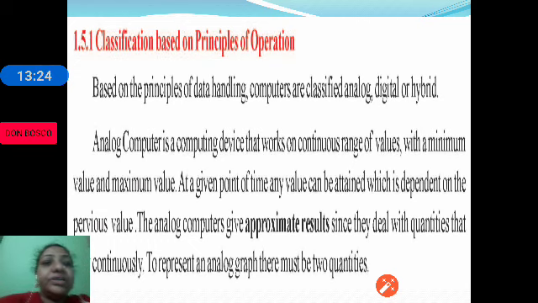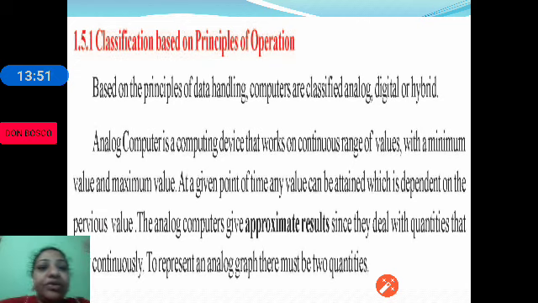An analog computer works on continuously changing values such as temperature, speed, pressure, etc. It is a computing device that works on continuously changing values with a minimum and maximum value. At a given point of time, any value can be between that.